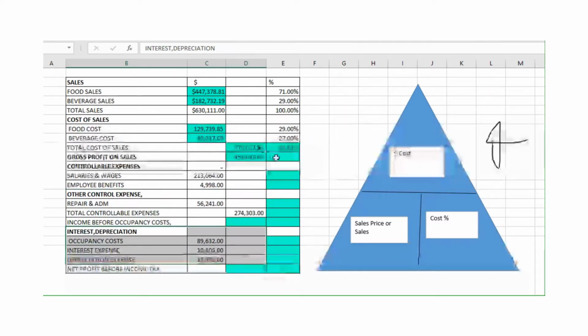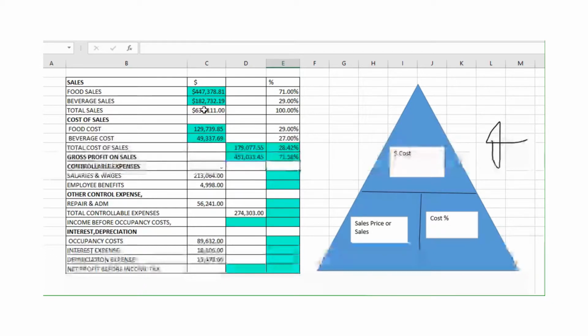Going back to our gross profit on sales, we also want to express this as a percentage of sales. So we take our gross profit and divide it by total sales. This is where the efficiency comes into play, these percentages here.